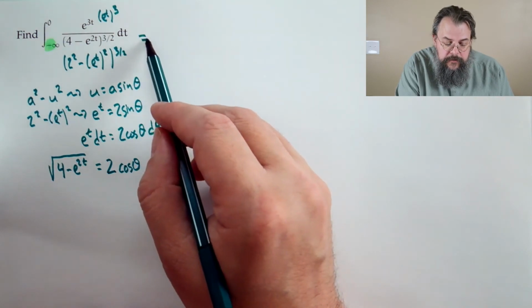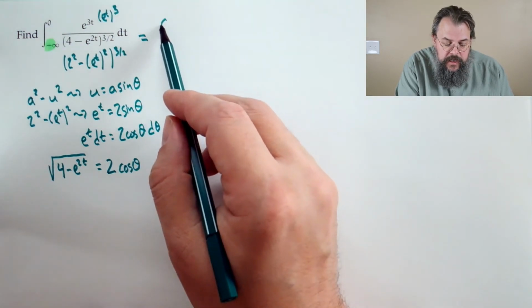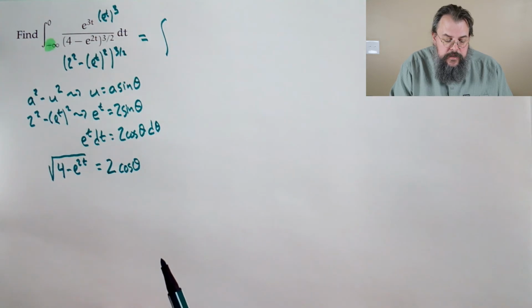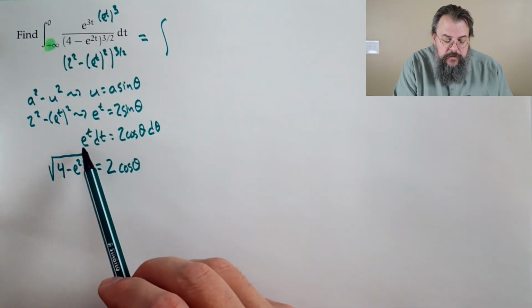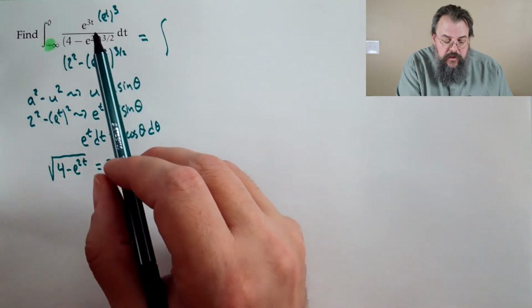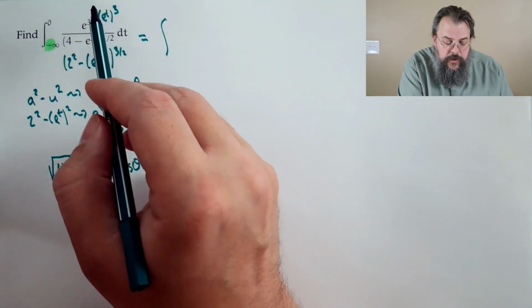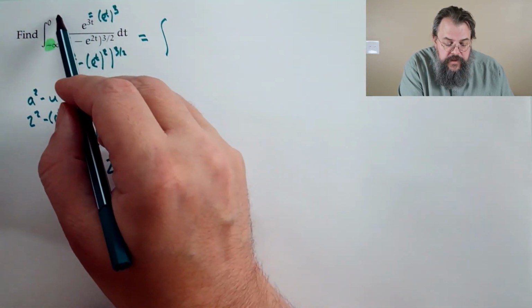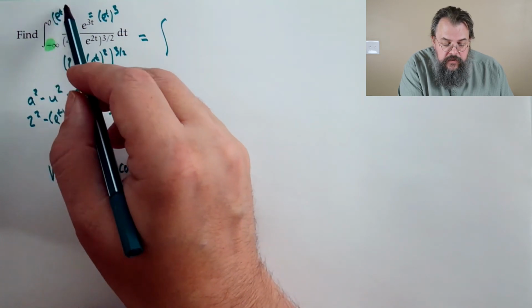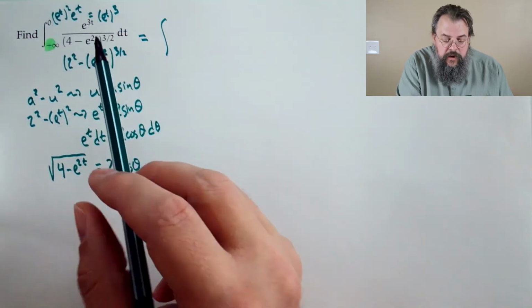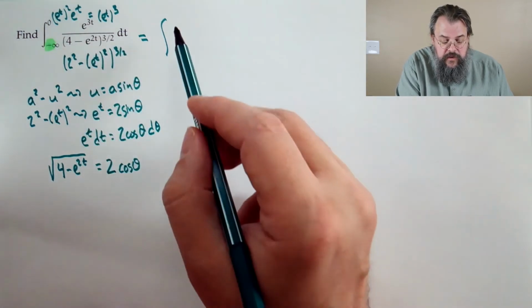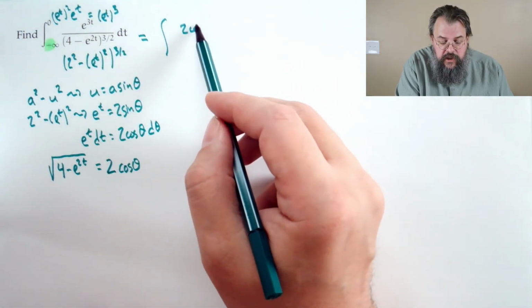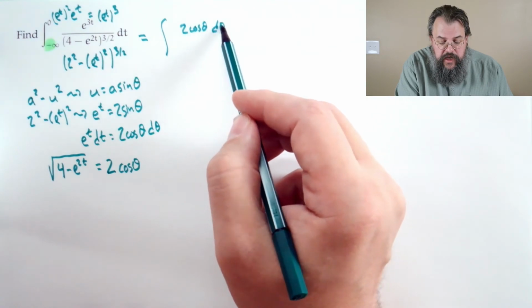Okay, so what do we get? We're going to get an integral. The e to the t cubed, one of the e to the t's is going to join with the e to the t dt. So there's really this e to the t cubed is e to the t squared times e to the t, right? So we have an e to the t dt. That's going to join and make a 2 cosine theta d theta.